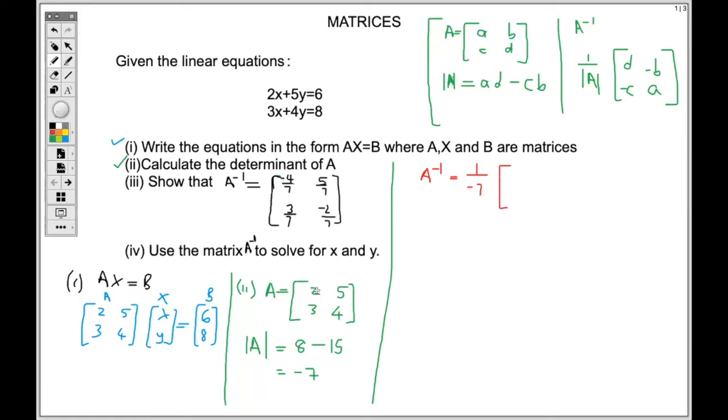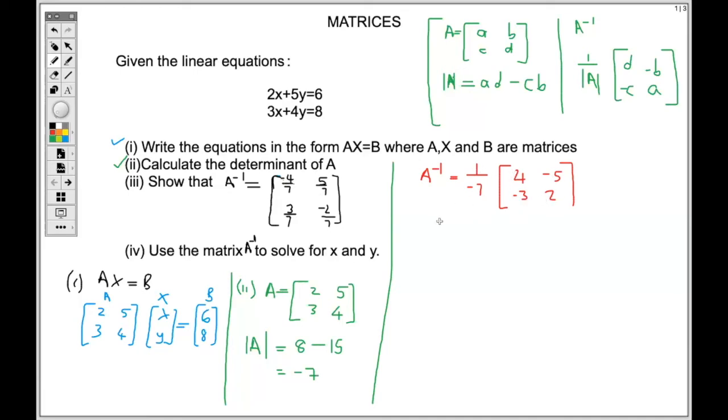So 2, 4 becomes 4, 2. Then we change the sign, so we have -5 and -3. But since it's a proof where we have to show what the question wants, we will have to multiply the 2 by 2 matrix that I have here by 1 over -7.